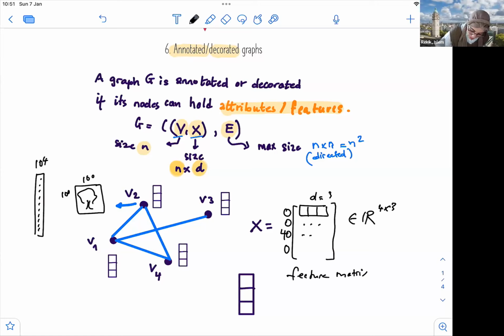Later on, when we do deep learning on graphs, we will see that we will call it an embedding matrix, and why we call it an embedding matrix, we'll discover that together. So it's a feature matrix assigned to the nodes. In this case, we have annotated nodes. We can also have, as I mentioned earlier, annotated edges.